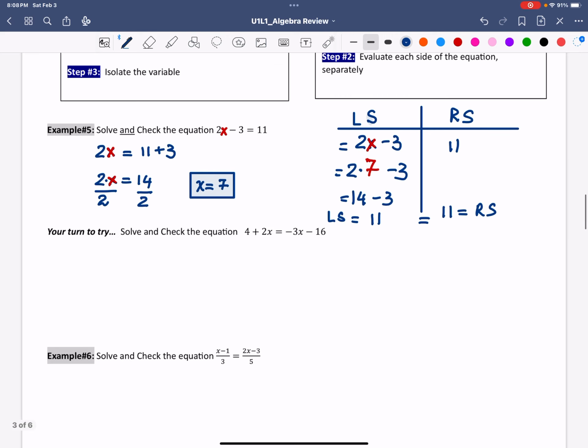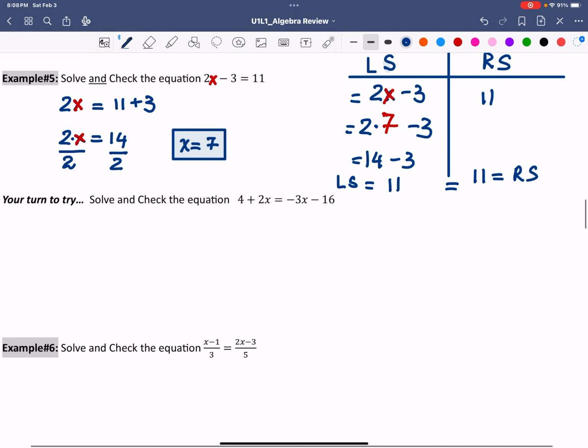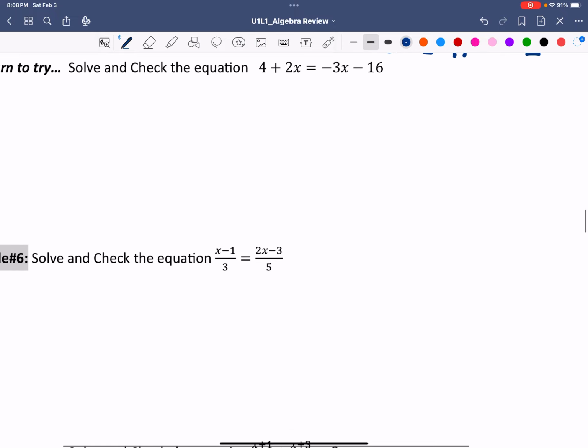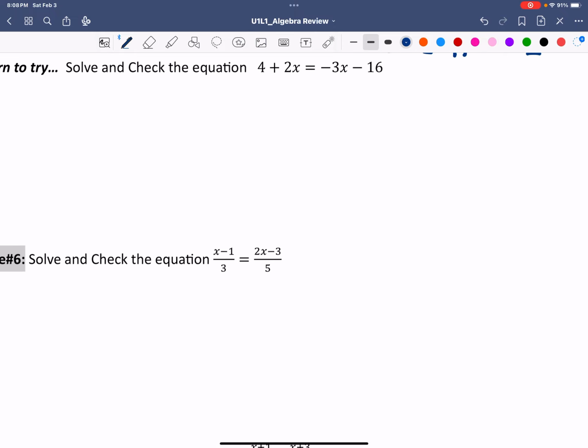Now let's try the next equation. 4 plus 2x minus 3x equals negative 3x minus 16. So x is the variable here. And it appears on both sides of the equation. So we're going to keep 2x on the left.